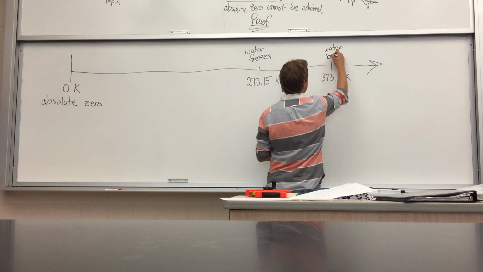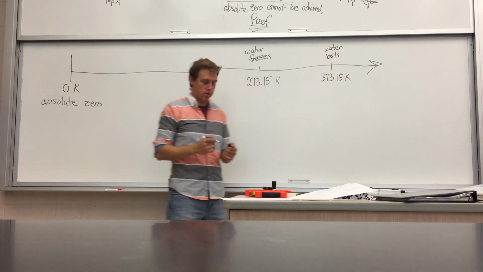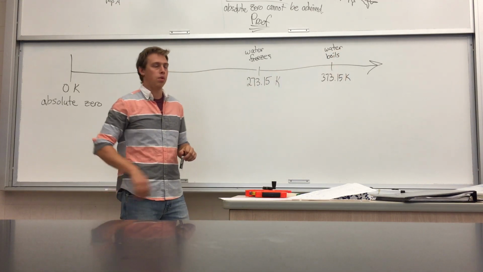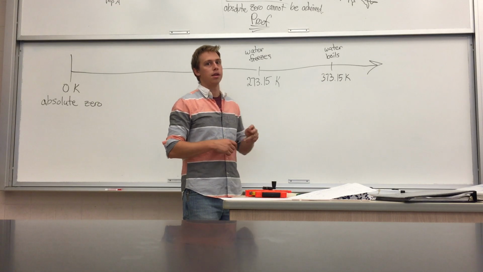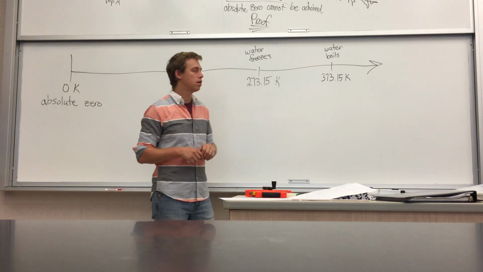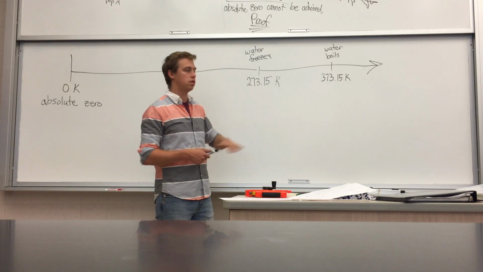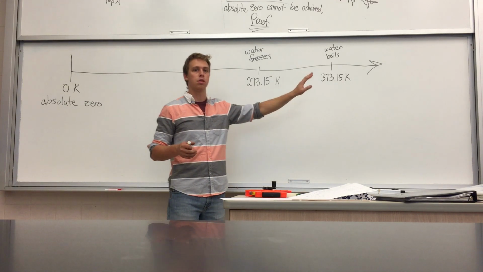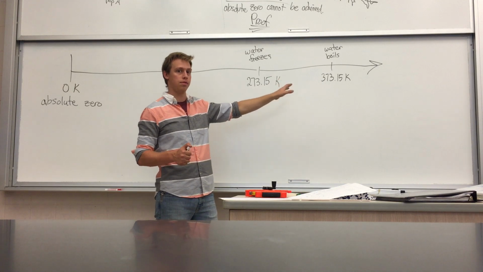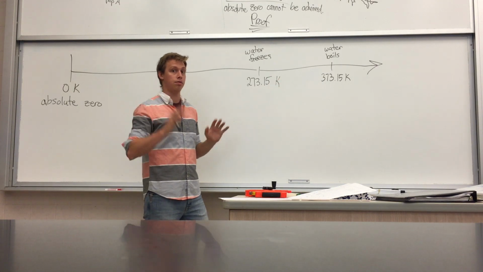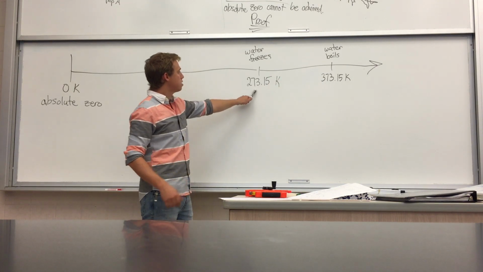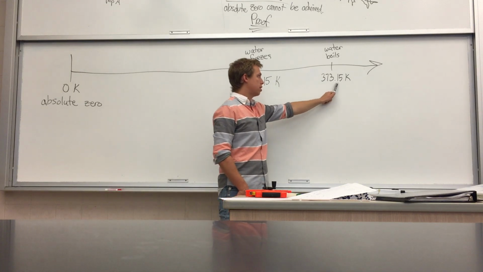Now there are a few little asterisks on this relating to, can we measure it precisely, and how does it change for different types of water? The precise measurement might be off by like 1/100 of a degree or something, but this is in the ballpark, and this is what chemists use. So I'm not going down to infinite precision here. So water freezes at this, and water boils at this.